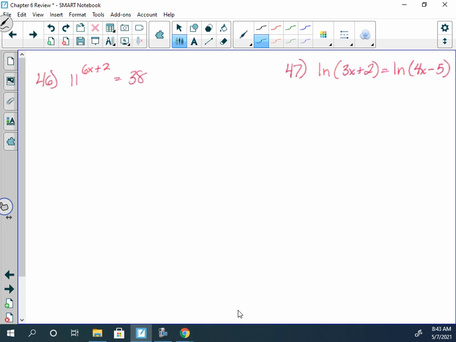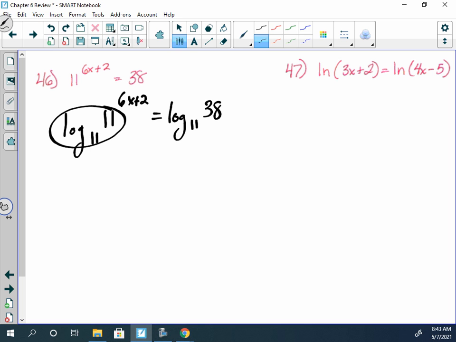Now, for this here, to get the x out of the exponent, we're going to put both sides to the log base 11. The log base 11 of 11 cancels out, leaving us with 6x plus 2.